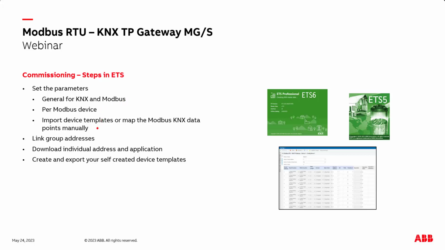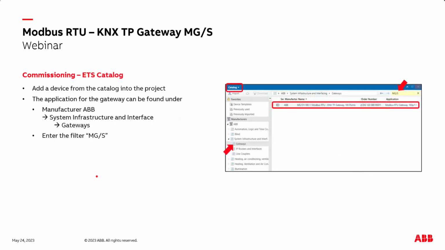We can also use our so-called templates for the mapping between KNX and Modbus. Or if the mapping template does not exist, then we have to do it manually. Then we link the group addresses to our group objects. We download the individual address, download the ETS application, and now we are finished. And at the end, if you want, you can also create and export your self-created device templates for your own devices or third-party devices.